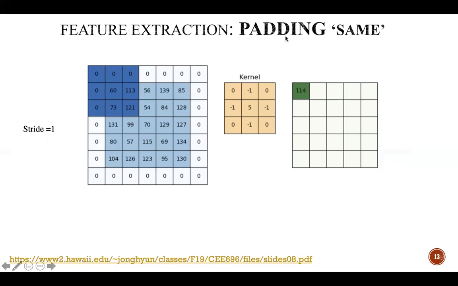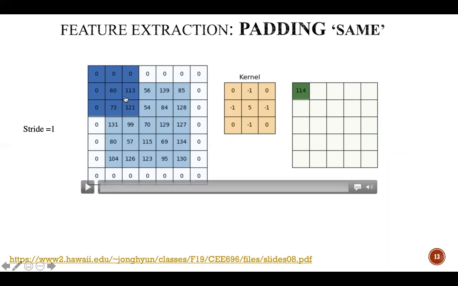If you put same as the padding, it means that after you multiply this kernel with the input, you want your convolved feature map to have the same size. So this is a 5 by 5 and this is a 5 by 5, because I have added this padding.